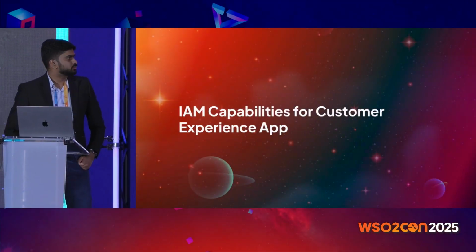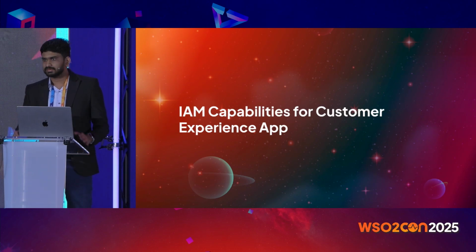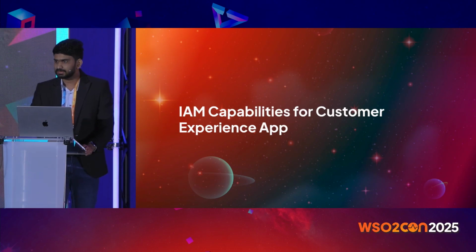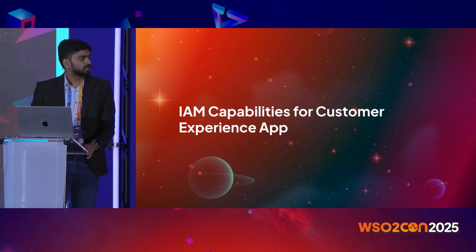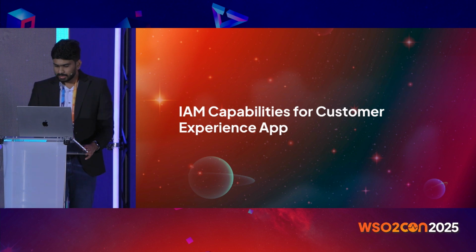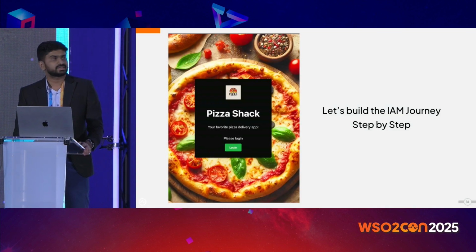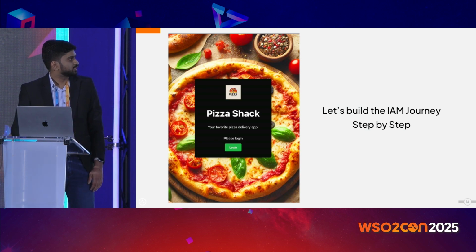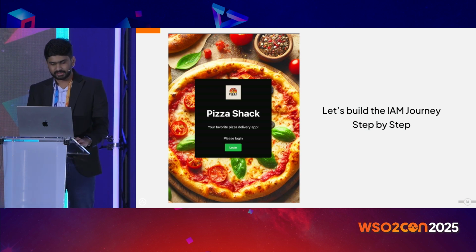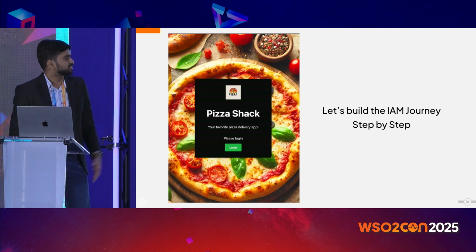Okay, good evening. I'm going to continue where Sagar stopped. Basically, I am going to build the IAM capabilities that are available with Asgardeo for the app that Sagar started to build. To make sure that it is aesthetically pleasing and complies with our story, I have modified it a little bit.